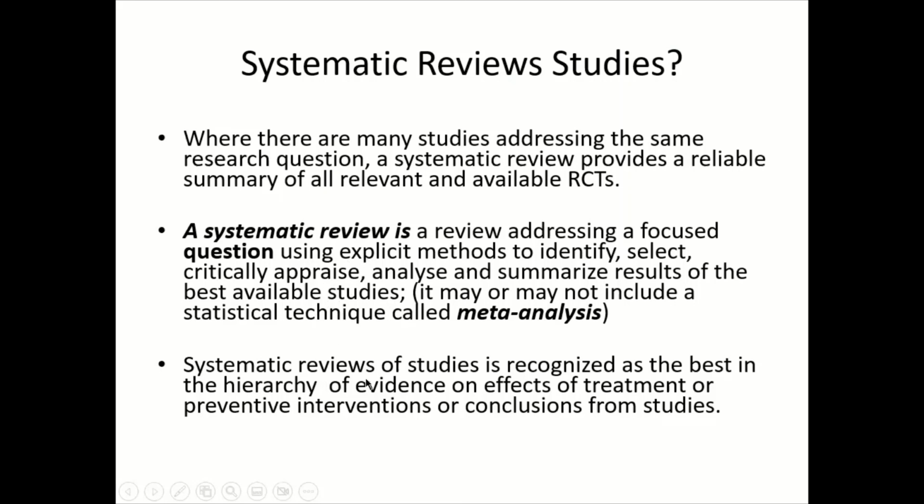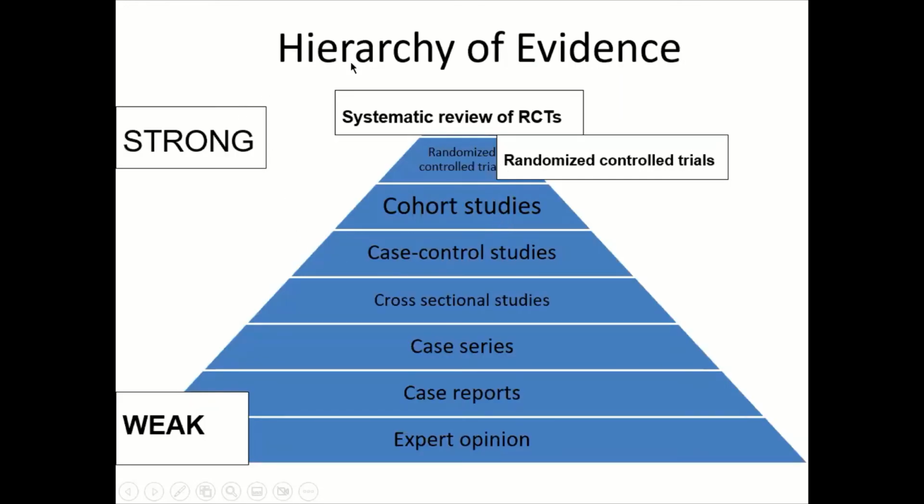So a systematic review of studies is recognized as the best in the hierarchy of evidence on effects of treatment or preventive intervention, or even conclusions that are derived from studies. Okay, so again, this diagram shows us where study designs are.